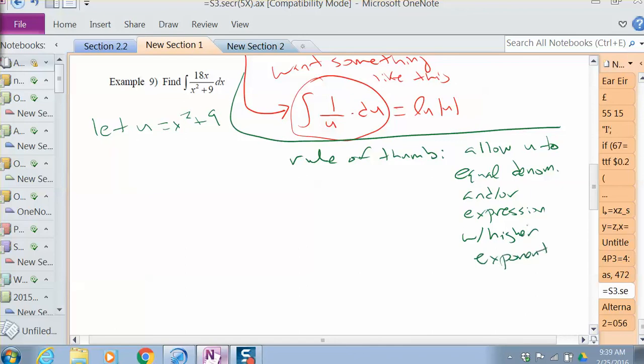The reason why is because when you take the derivative of something with the higher exponent, guess what? It's now going to equal something with the lower exponent. And then you can substitute, and it becomes clean.